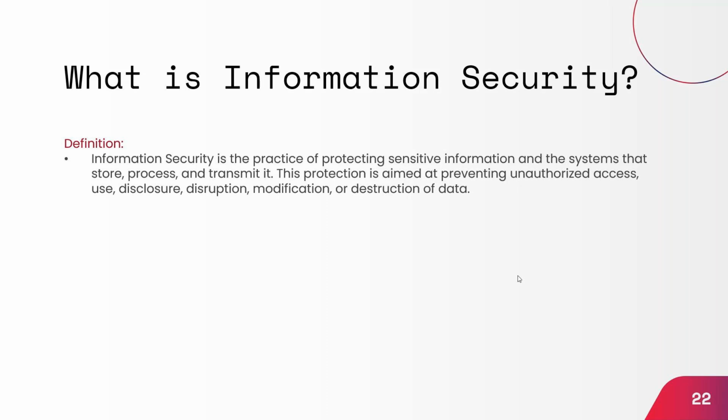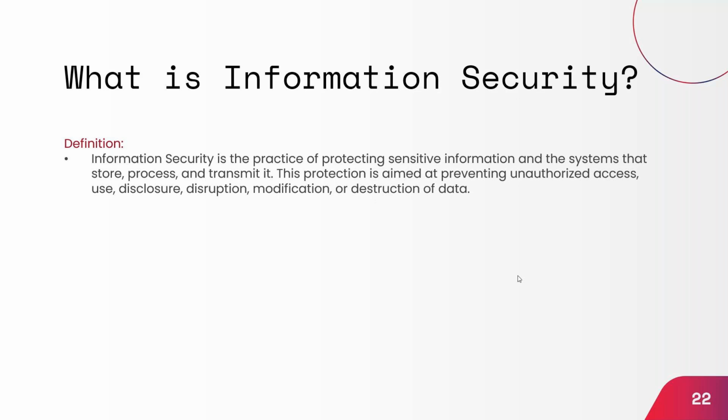We need to implement security best practices to protect the information in these three stages, stored, processed and transmitted, from unauthorized access, disclosure, disruption, modification and destruction, basically from hacks or attacks.